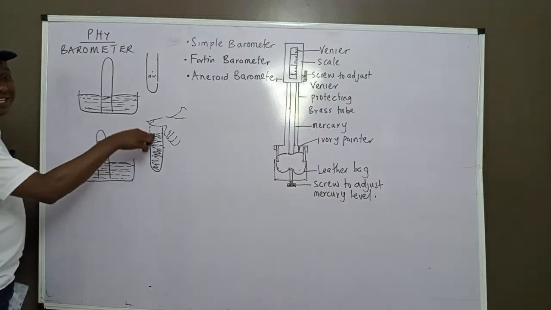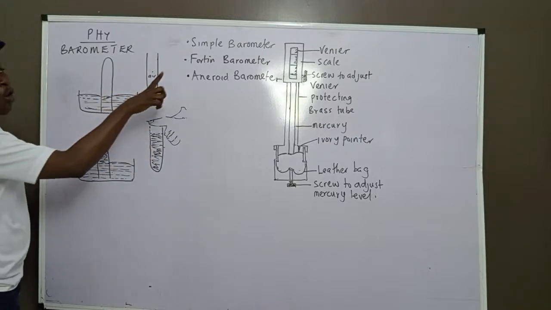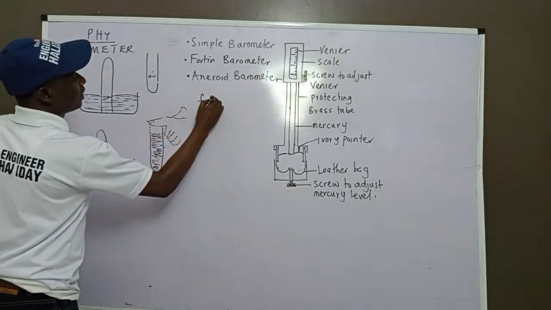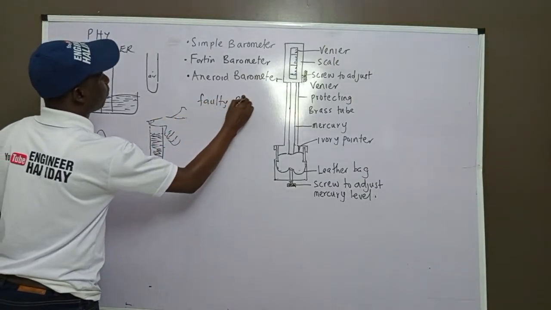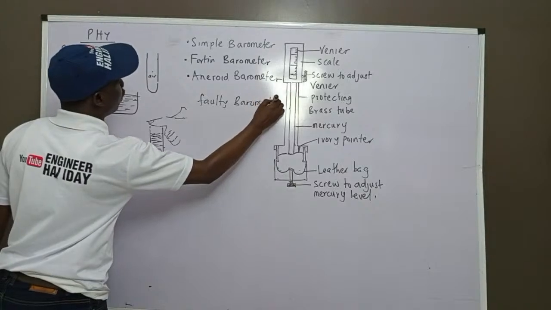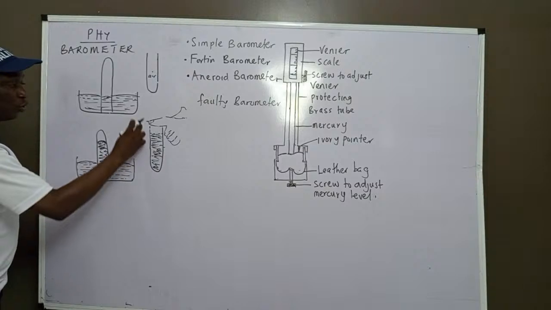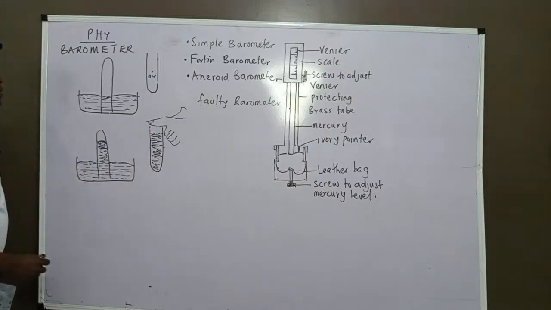Don't forget, if air is trapped, it will cause what we call a faulty barometer. A faulty barometer is a result of air bubbles trapped in the long test tube that you fill.